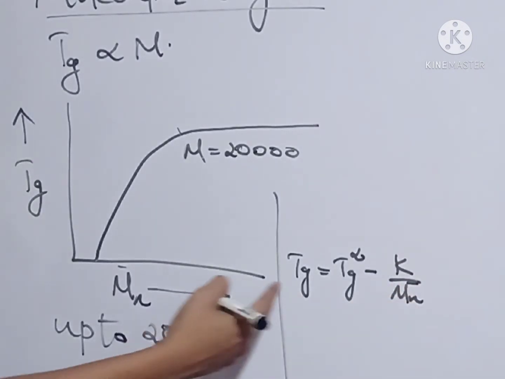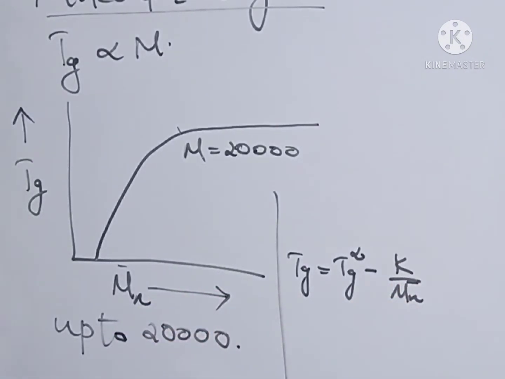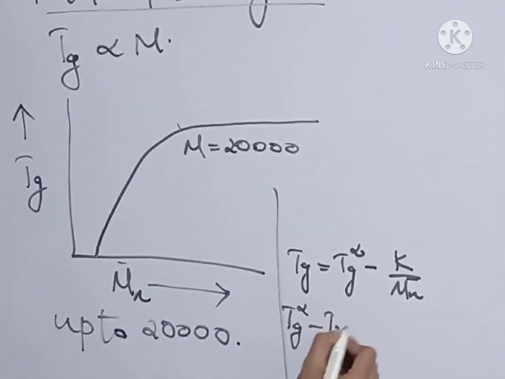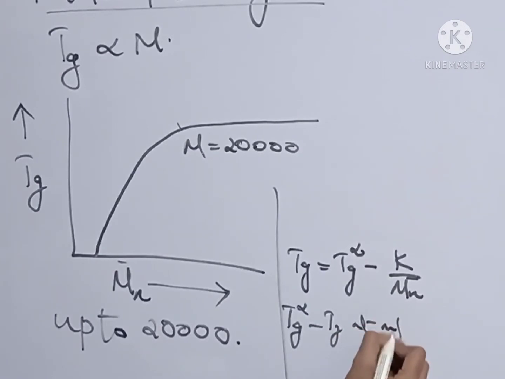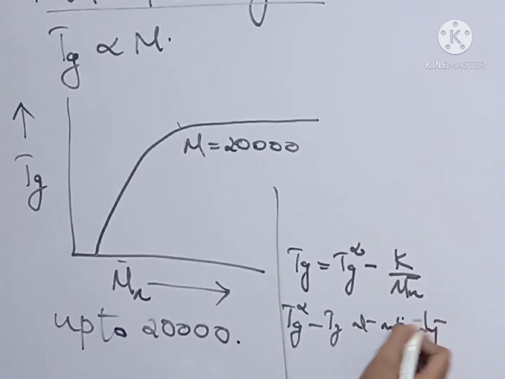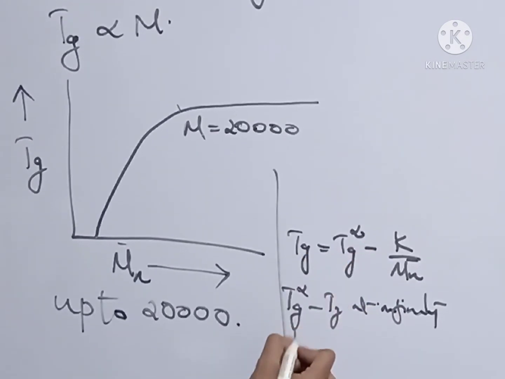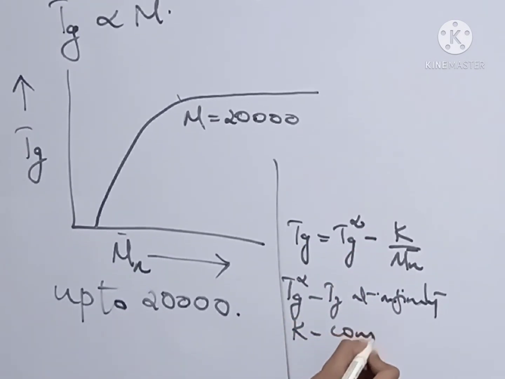Here Tg is the glass transition temperature and Tg infinity is the glass transition temperature at infinite molecular mass. Mn is the number average molecular mass and K is a constant.